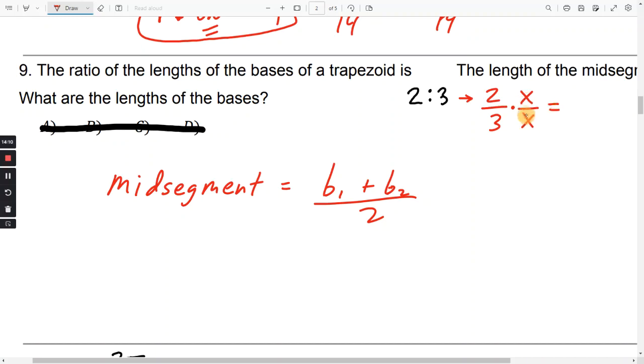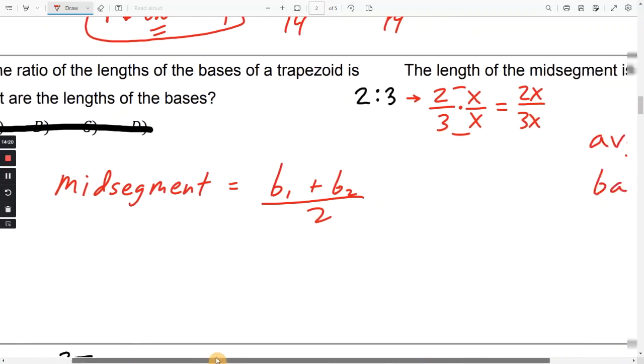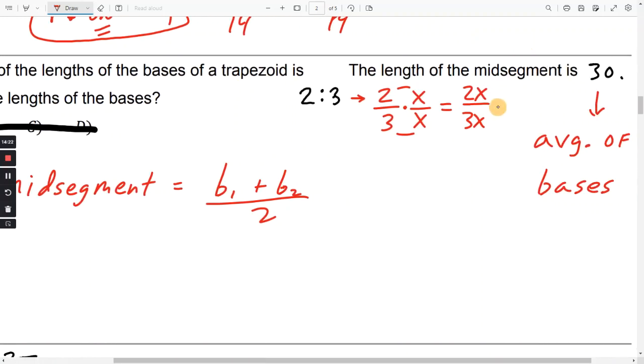So I'm allowed to do that. 2 times x is 2x, and 3 times x is 3x. So those are going to be representing the bases. Okay, I'll have the 2x equal b1, and I'll have the 3x equal b2. Alright, multiplying by x doesn't change the ratio, so I still have the same ratio.